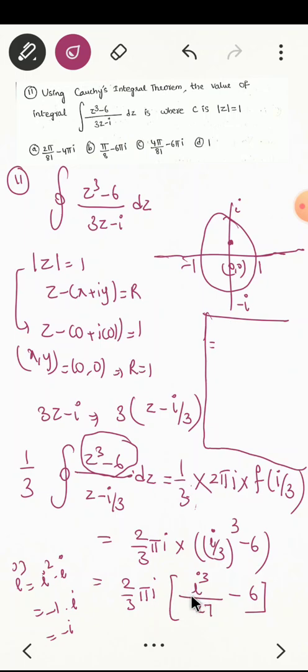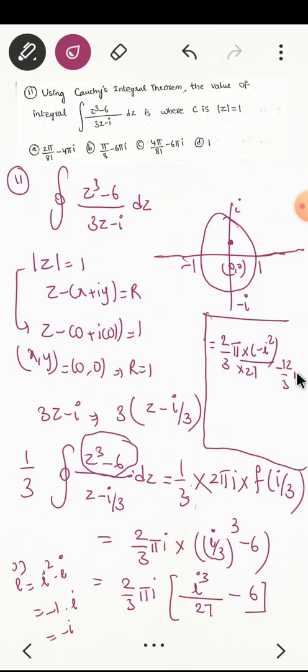Then multiply with this thing. So 2 by 3 pi i into minus i. What will you get? 2 by 3 pi into i into minus i, so minus i square, by 27, into (27 minus 6), which gives 12 by 3 pi i.